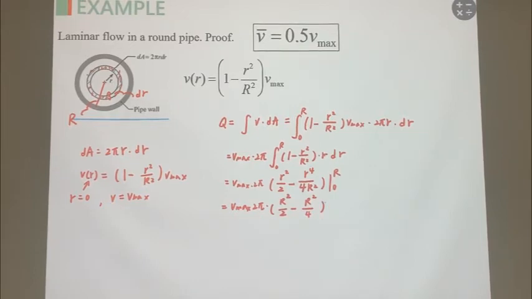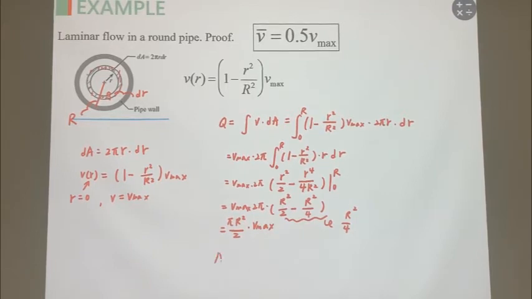Okay, so in the following, you just summarize the equation here, and finally this is 1 over 2 minus 1 over 4. So inside, this part is R squared over 4, right? And they just multiply together. So finally you only have pi R squared multiplied by V maxima over 2, okay?